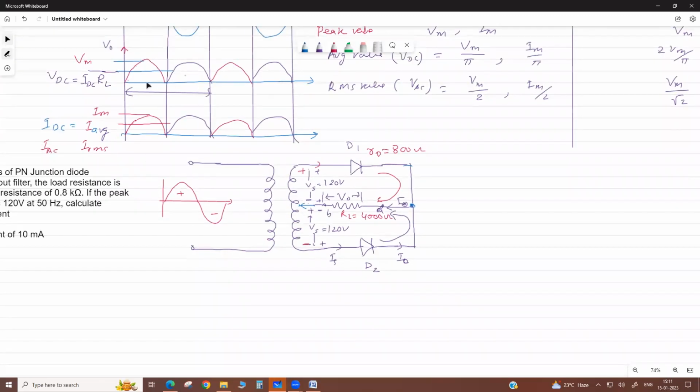This is the way we get full wave. Here diode D1 will conduct, here D2 will conduct, here D1, here D2, like this.